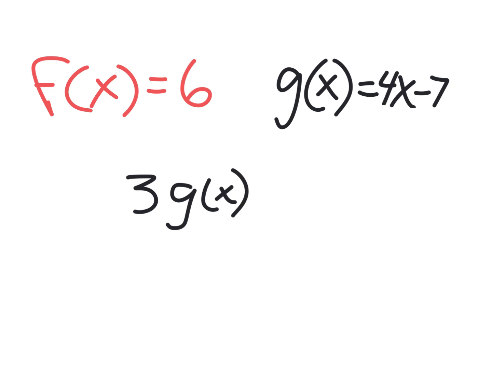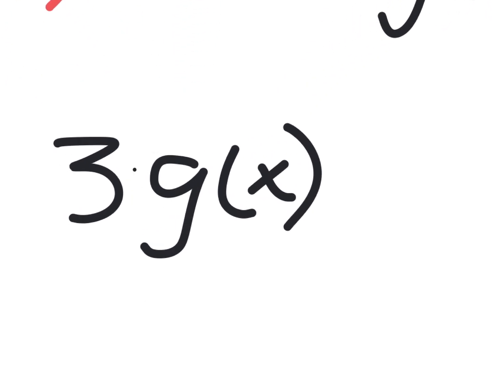Do you get the idea that's 3 times the g function? There's an implied multiply. Anytime, you can trust that. In this class, if there's two things right next to each other, and there's nothing there, that means times. It's implied. Okay, so that's 3 times g of x.